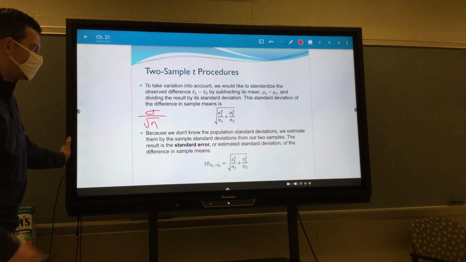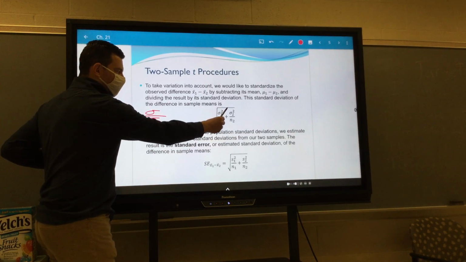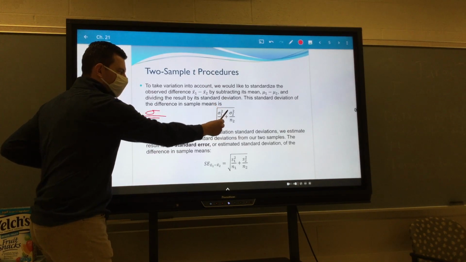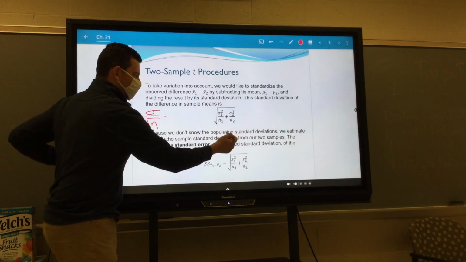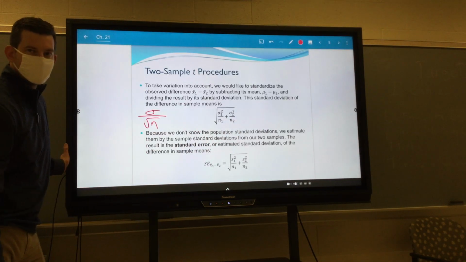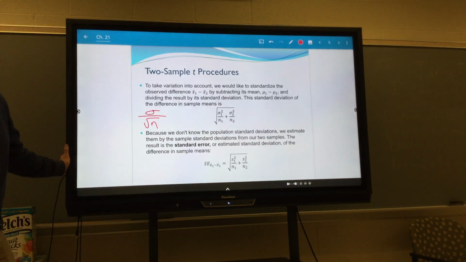But we're putting them together and averaging them out. And algebraically, what's going to happen is that you're going to have a standard deviation 1 squared over its sample size and standard deviation 2 squared over its sample size. And then you're taking the square root of all of that.